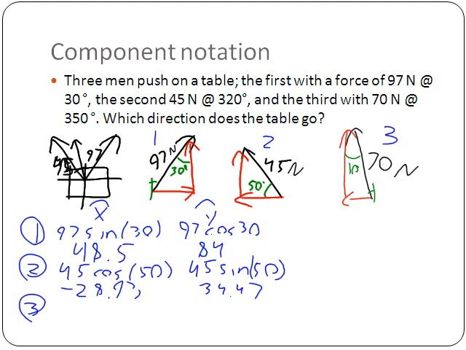So in this case, for the x component, that's the opposite side. Opposite over hypotenuse is going to be sine. So we have 70 sine 10. We type that in, 70 sine of 10, and we get 12.16.